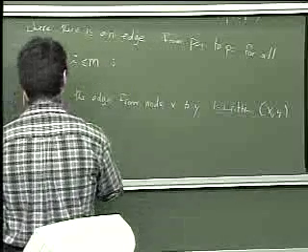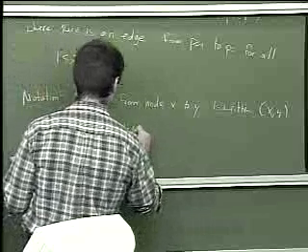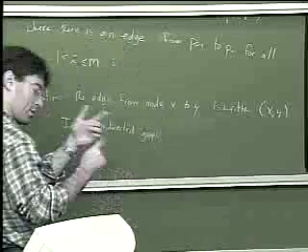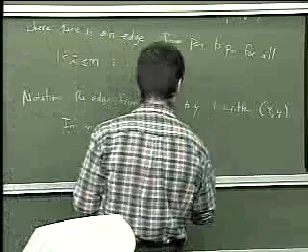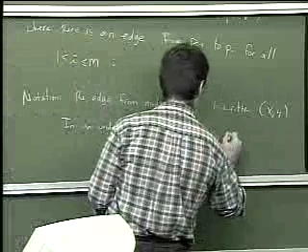In an undirected graph, where you have no arrows on the edges, (x, y) will be the same as (y, x).